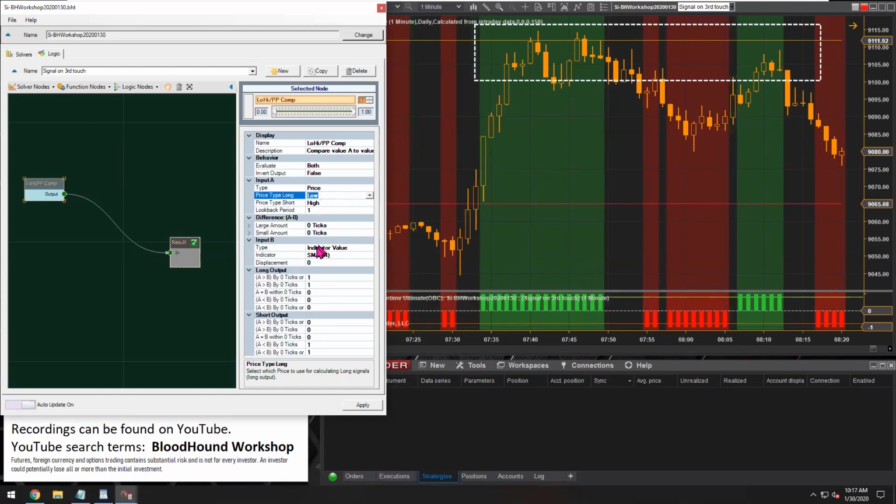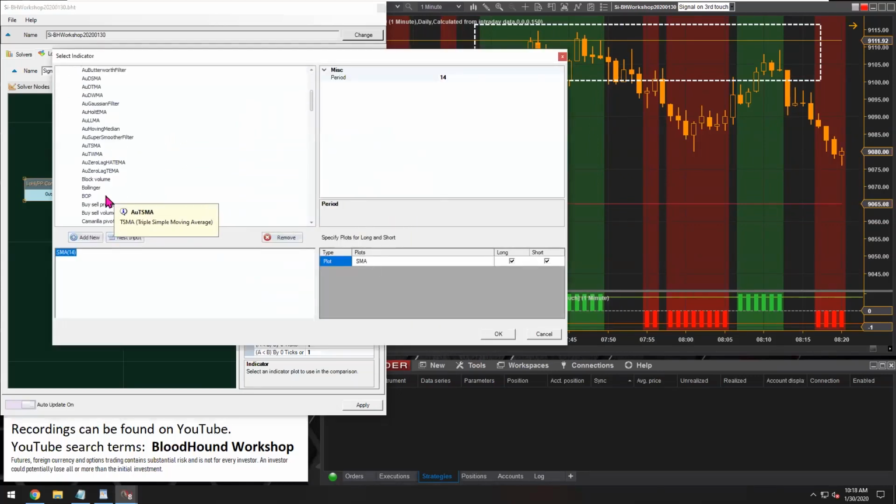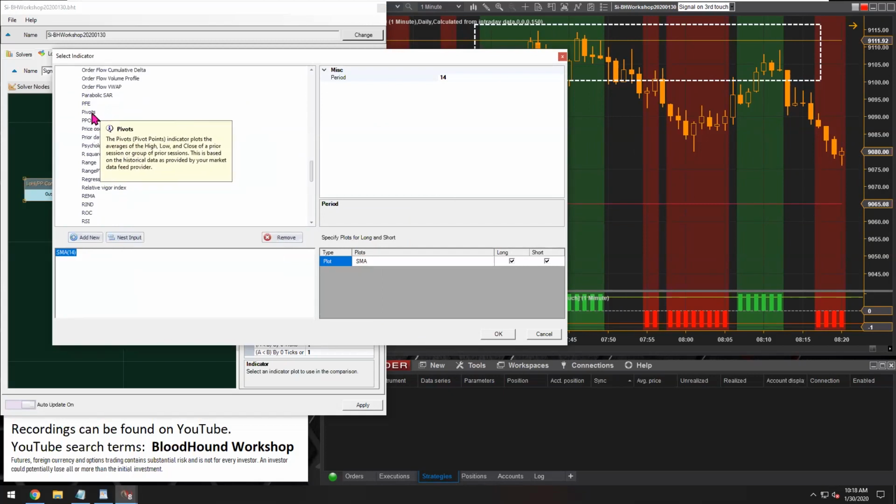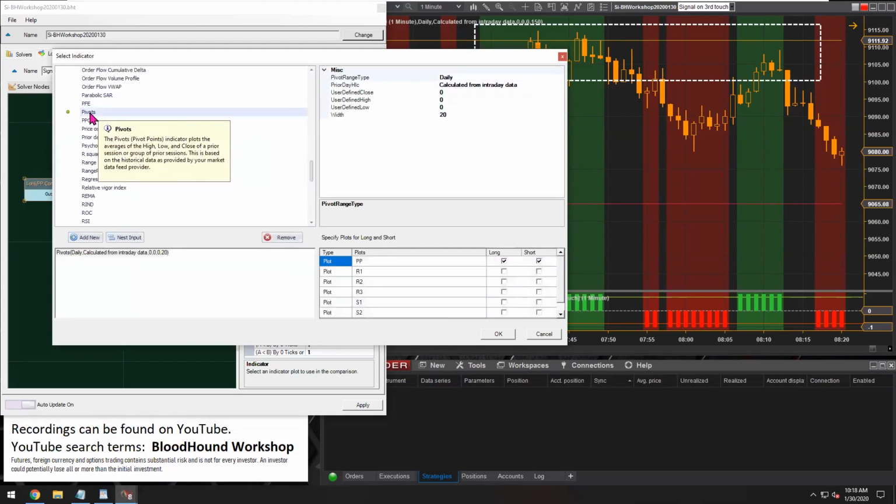So there. All right, then input B, well, that is our support or resistance line or plot, right? So in this case, we are using the pivots indicator. And in this particular case, I am using the PP line here, which is already selected for me.